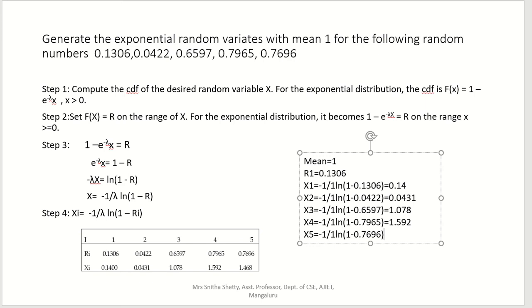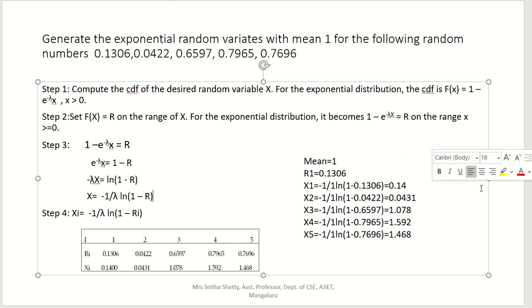So you will get the answer as 1.468. For 5 random numbers you can generate 5 random variates. Just look at the table, fourth step, and you'll get the answer. So you can see the 5 random variates: 0.1400, 0.0431, 1.078, 1.592 and 1.468.